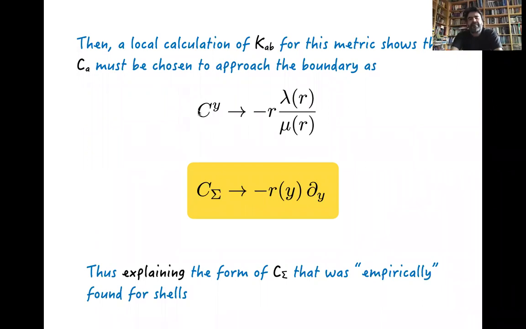Under that assumption, you find the asymptotic boundary condition for C, in order for C dot to appear in the game: I have to make it approach infinity in this way. And these functions, both for asymptotically flat spacetimes and for AdS, cancel out asymptotically. They are the same function. Therefore, you get the result that we got empirically for thin shells.